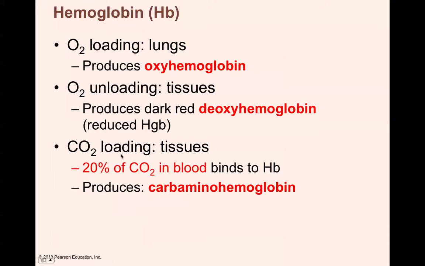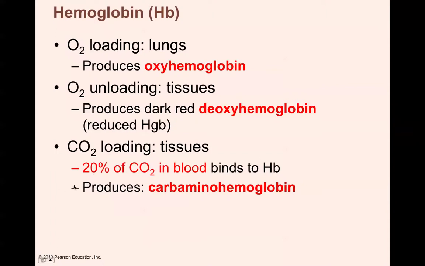CO2, carbon dioxide loading, happens at the level of the tissues, because remember, in living cells they take in glucose and oxygen and give off H2O, water, and CO2, carbon dioxide, as the waste products.